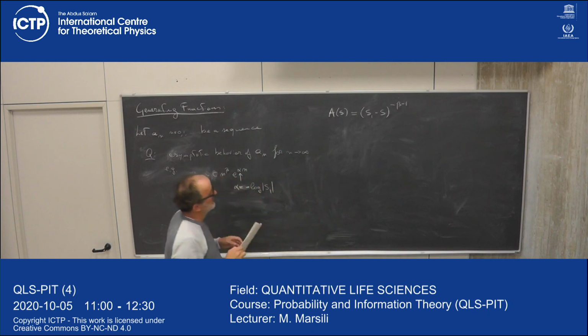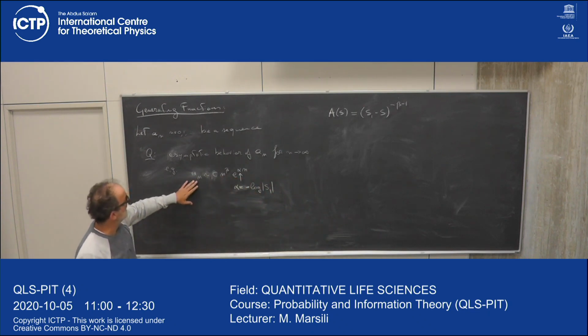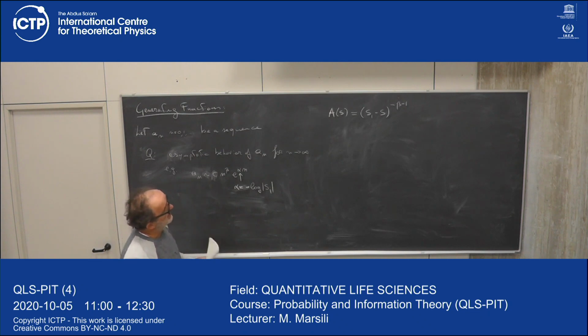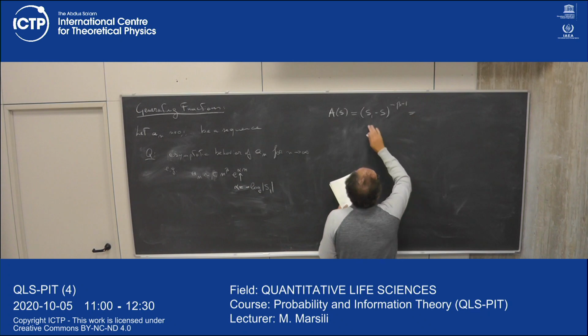Okay. So what is the asymptotic behavior of A of n in this case? Well, this is easily seen because we can use the binomial expansion.